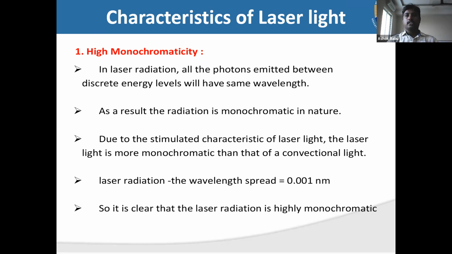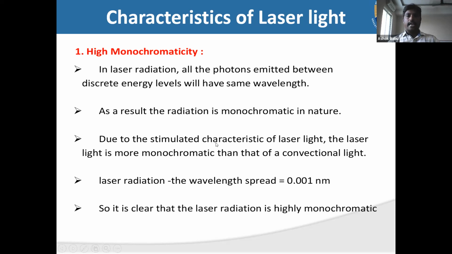The photons released in the de-excitation process, or stimulated emission of radiation, are all in phase. That's why they are highly coherent waves. Due to the coherence, all the waves have the same wavelength, and as a result, the radiation is monochromatic in nature.